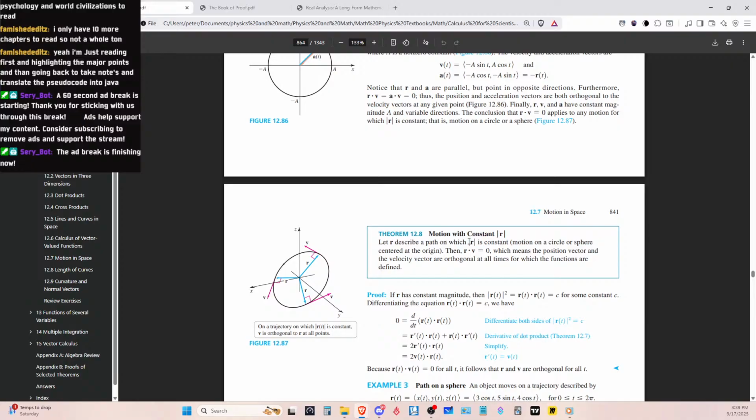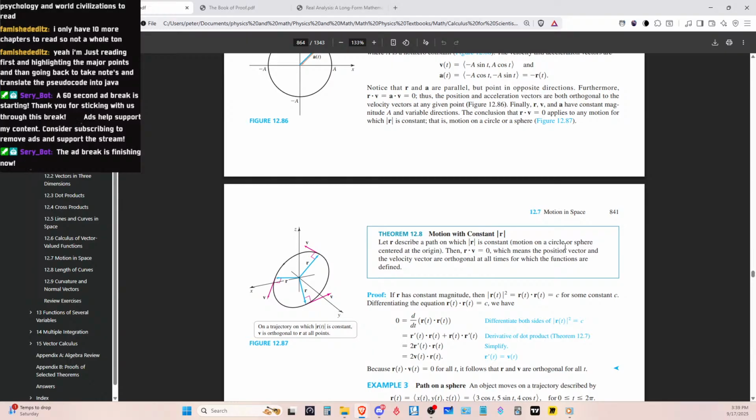Here it is. Motion with constant. Let R describe a path in which is constant, the motion on a circle or sphere centered at the origin.